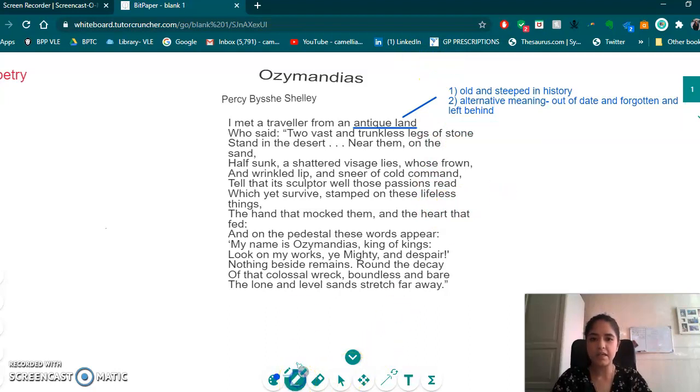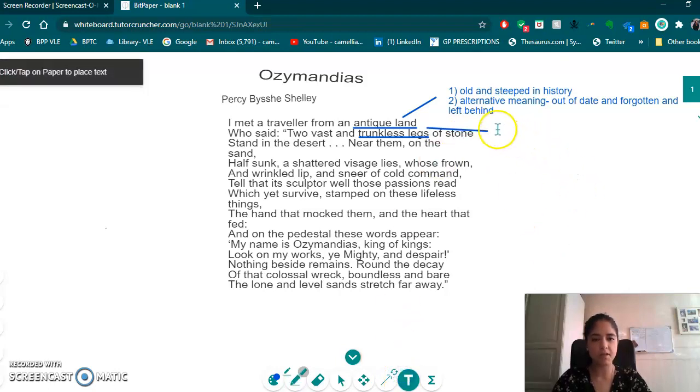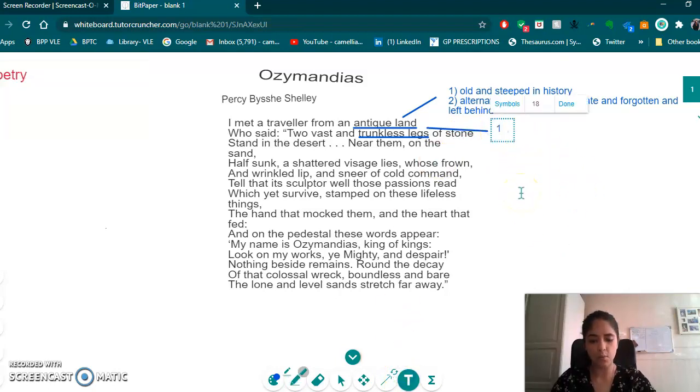Then you go on to see, who said two vast and trunkless legs of stone. So trunkless legs of stone. Now, again, there could be two meanings here. One, the literal meaning, which is that the statue is broken and barely standing.